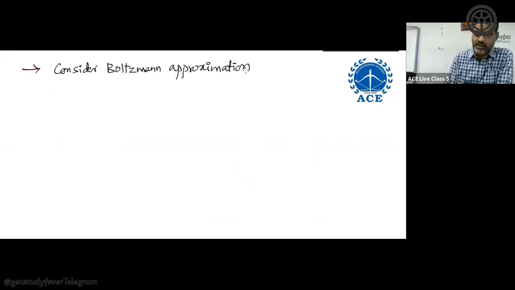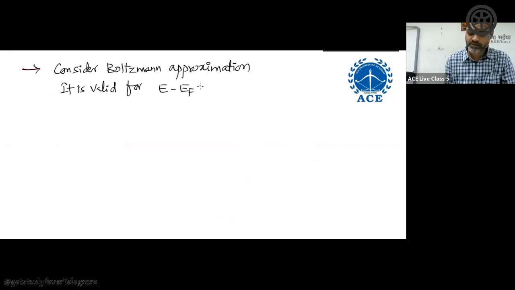It is valid for two conditions we have taken. What is that? It is valid for E minus EF greater than or equal to 3 kT, or E minus EF less than or equal to minus 3 kT.